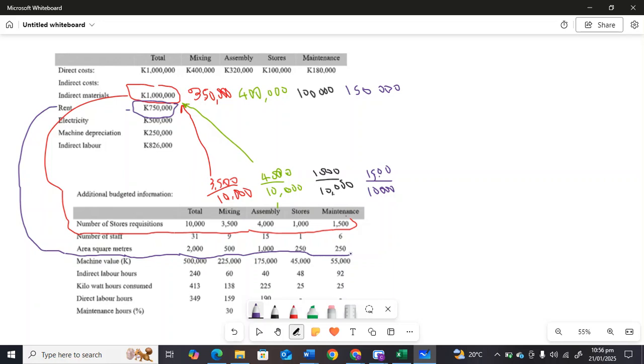So it's the same process again, okay? Here, goodness is they've already given us the total area square meters, 2,000, okay? So it's a matter of putting them in fractions now. So for mixing, you're going to say 500 over 2,000.